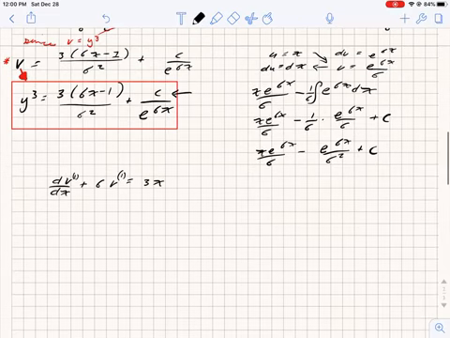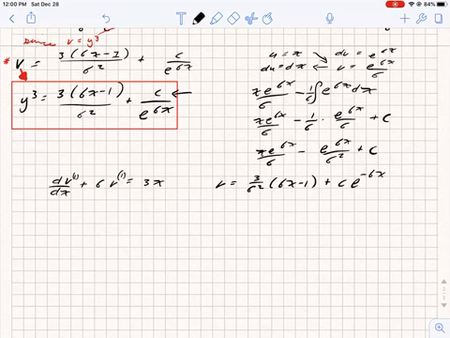Okay, now I'm going to have to substitute v is equal to 6 squared, 6x minus 1 plus, let's do c e to the negative 6x.